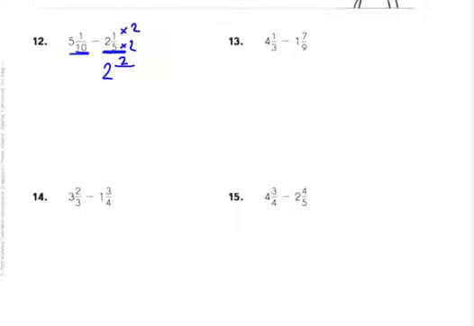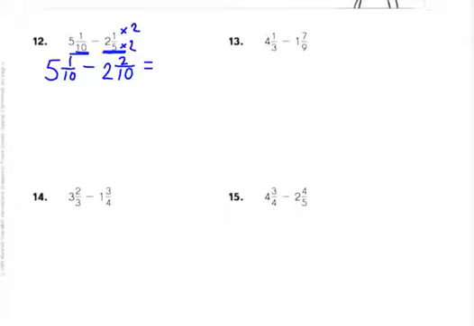The 5 times the 2 is 10. 2 and 2/10. I don't need to change anything with the first term because it's already in tenths. So I have 5 and 1/10 minus 2 and 2/10. We've done these types of problems before.